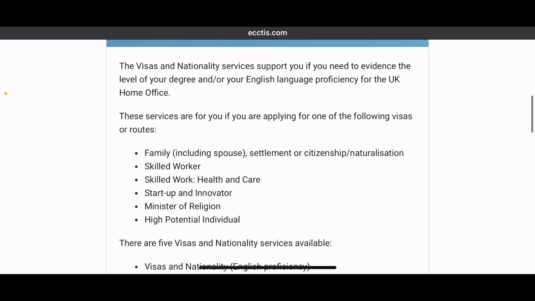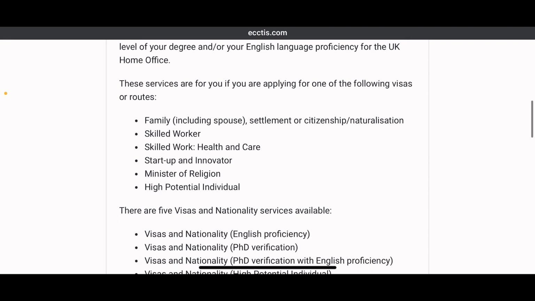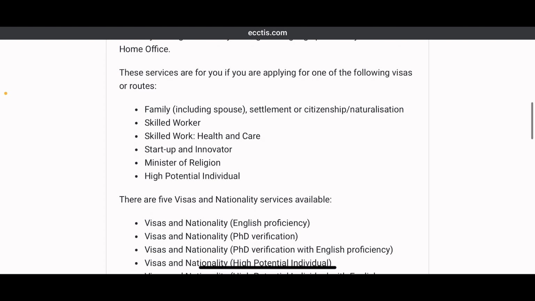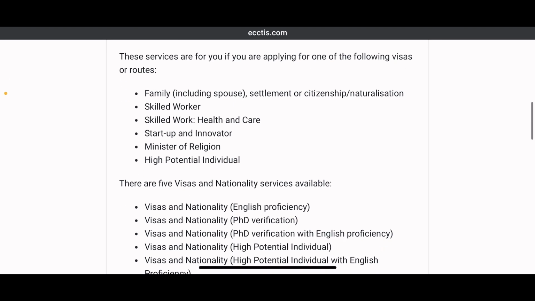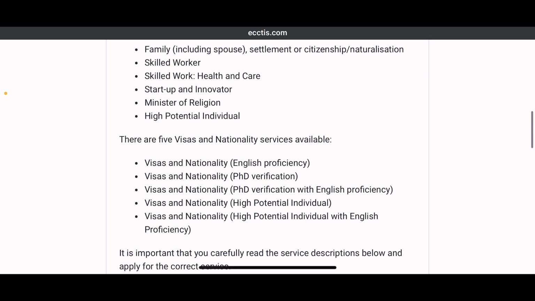Visas and nationality services. The visas and nationality services support you if you need to evidence the level of your degree or your English language proficiency for the UK Home Office. These services are for you if you're applying for one of the following visas or routes: family visa, settlement or citizenship/naturalization, skilled worker visa, health and care visa, start-up and innovator visa, minister of religion visa, high potential individual visa.